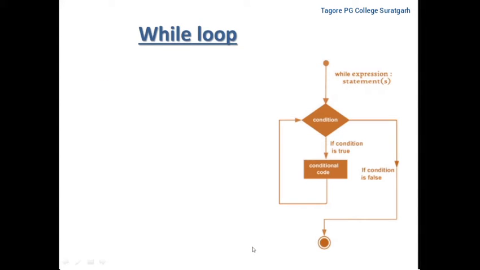So here is the while loop first. In the while loop, as you can also understand through this diagram, there is a while expression in which the condition is there, and if the condition is true, the conditional code will be executed, and if the condition is false, the while block will be exited.